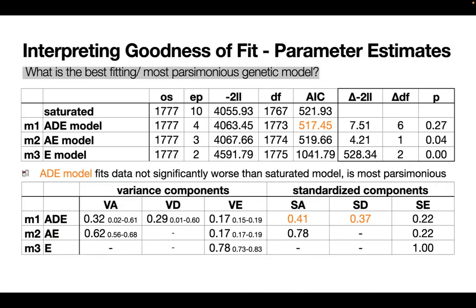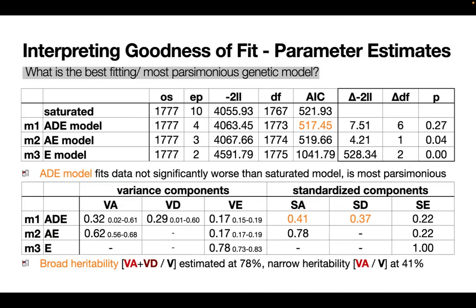The one for the dominance component is 0.37. So combined, this gives us the broad heritability, which is estimated at 78%, where the narrow heritability, or the additive genetic variance over the total variance, is estimated at 41%. We will go through examples of this in our practical during the workshop.